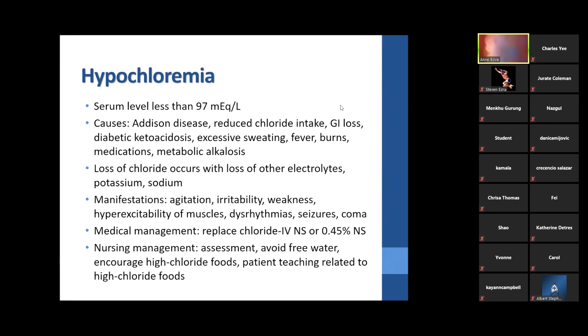Now, in terms of looking at chloride, hypochloremia is when your serum level is less than 95 milliequivalents per liter. So you're looking at reduced chloride intake, GI loss, sweating, metabolic alkalosis, fever, burns, wherever there's a fluid loss, and also loss of other electrolytes that chloride hooks up to, like potassium and sodium.